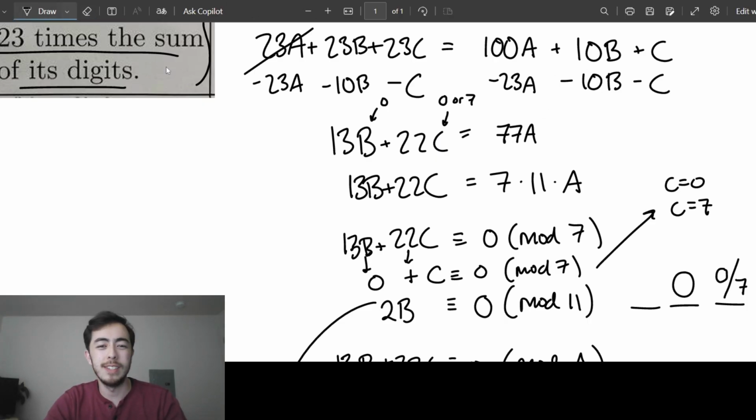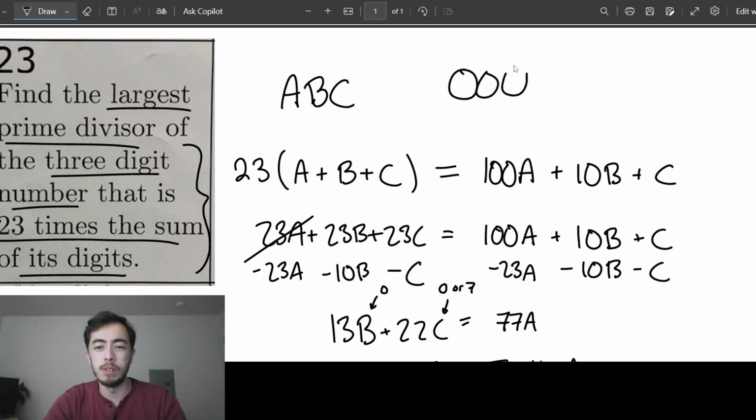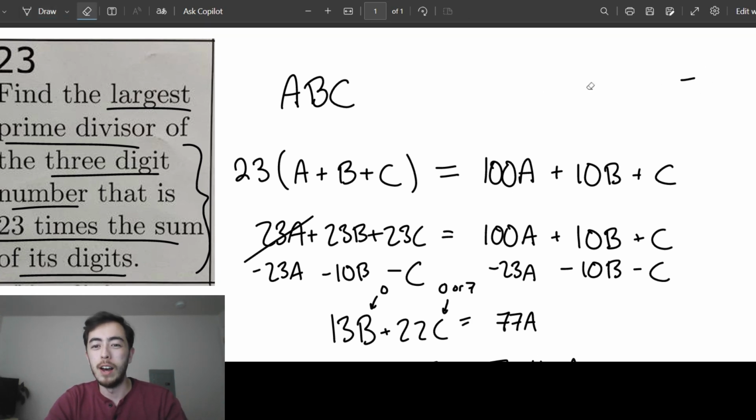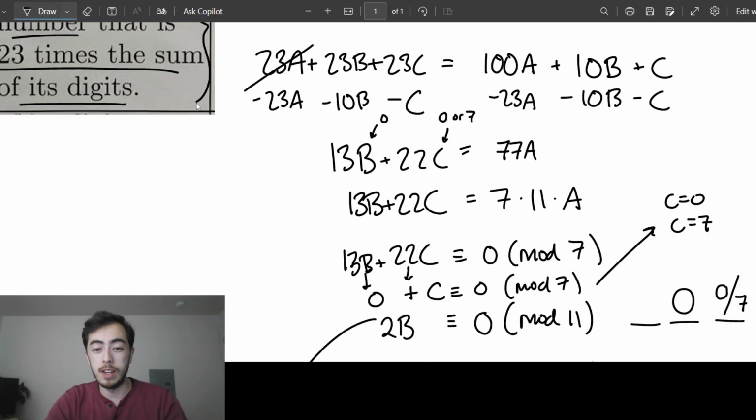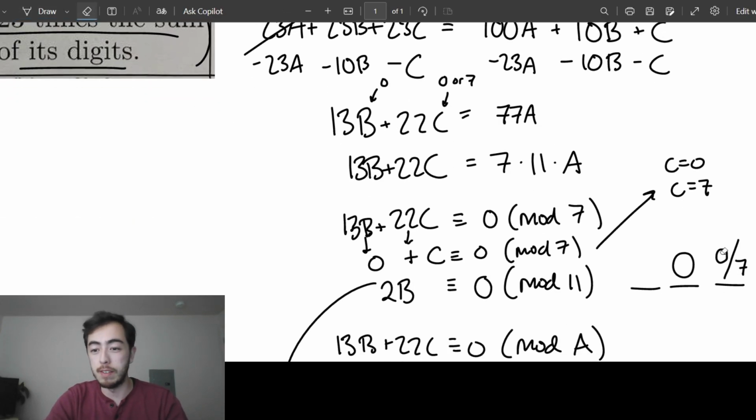And I guess that makes sense, that the number 000 is equal to 23 times the sum of its digits. It just doesn't seem like a valid 3-digit number. So with that being said, it looks like c must be 7.